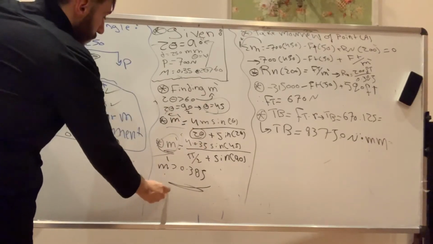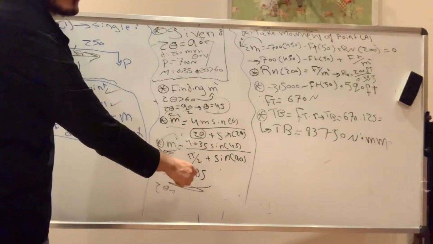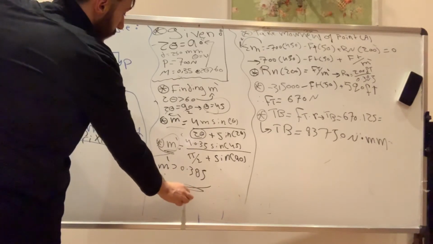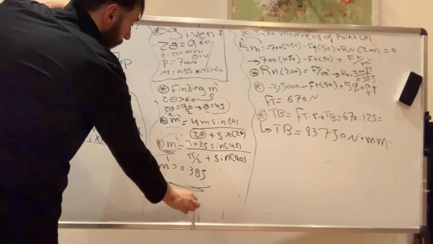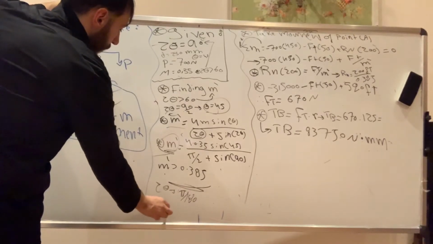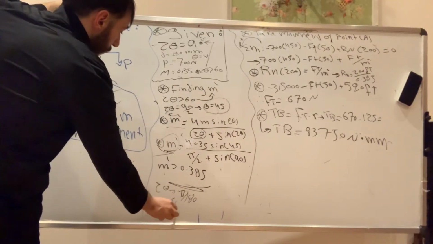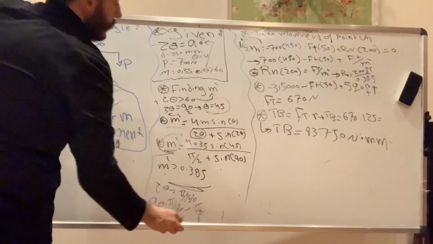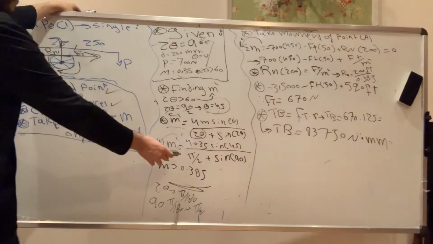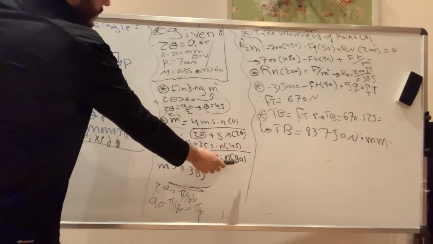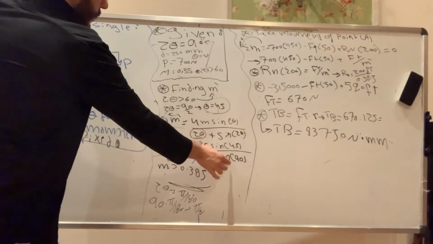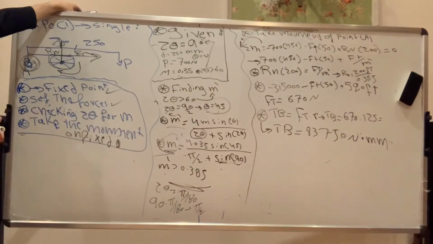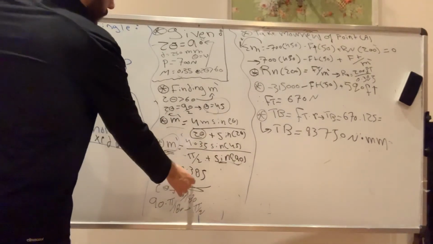So convert 2 theta to radians by multiplying by pi over 180. So 90 multiplied by pi over 180, I will get pi over 2. Then pi over 2 plus sine 2 theta, because it is a sine angle, I use the degree. I will get m dash equal 0.385.